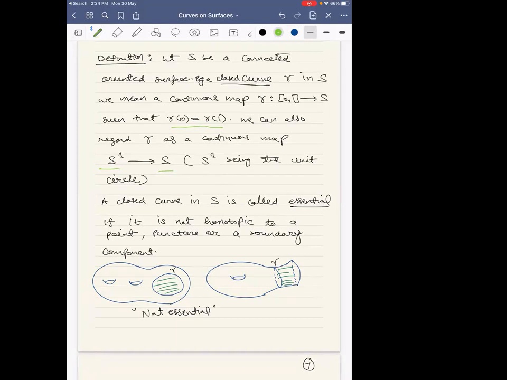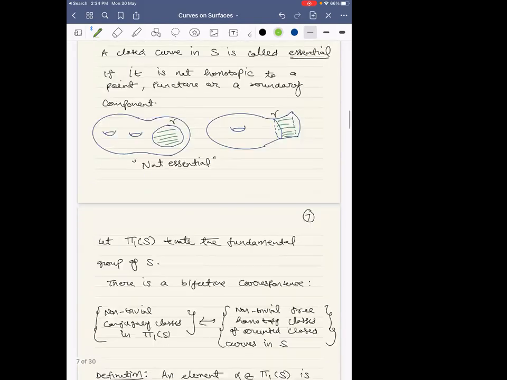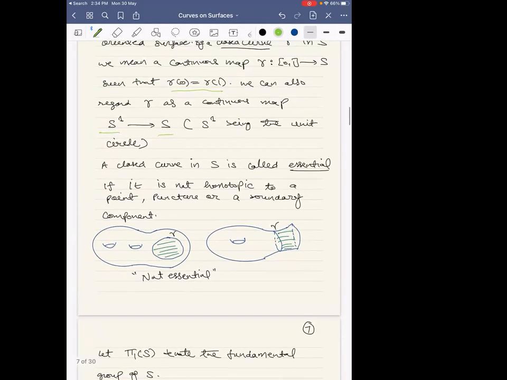In the second picture, it is a torus with one boundary component, and your curve is just homotopic to a boundary. So both of these are not essential. If you want something essential, let me just draw something. So this is essential, or you can draw some more curves. This is also essential.